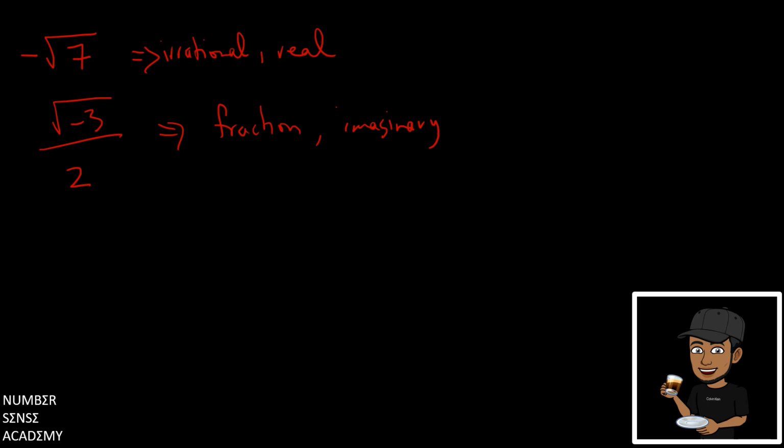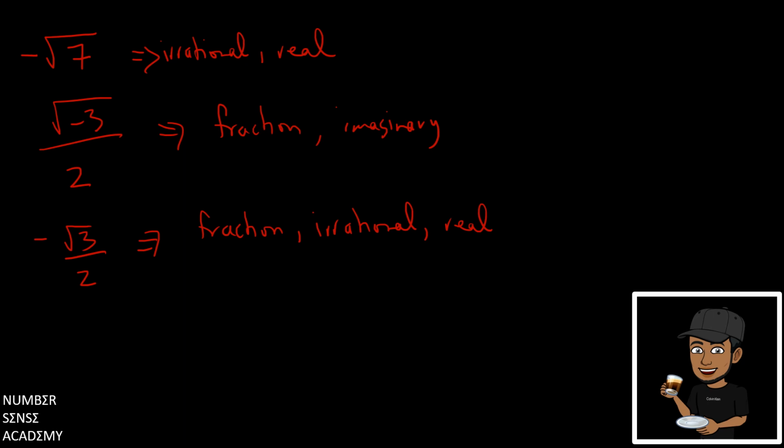This can't make it not imaginary. However, if I have -√3/2, this is a fraction, two numbers divided by each other. It is irrational because √3 is irrational, and it's real.